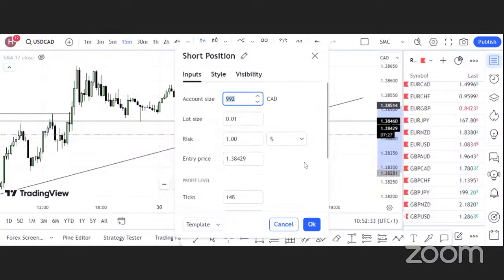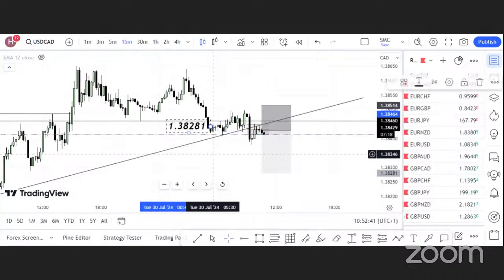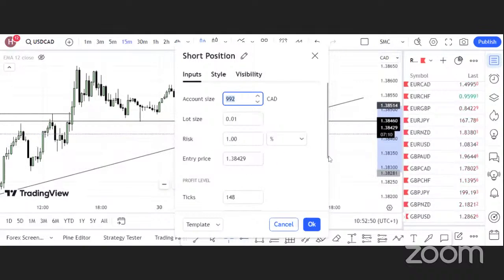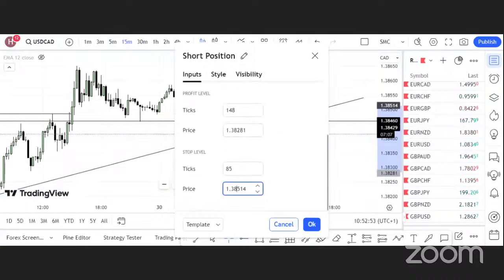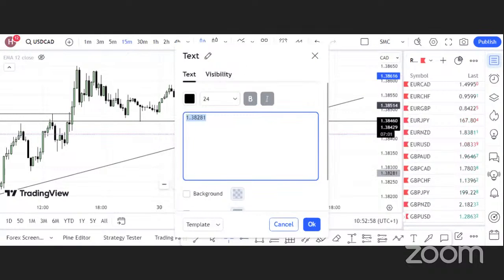All right, so let's set a take profit and a stop loss for our trade. So this is my take profit, and then my stop loss would be here.